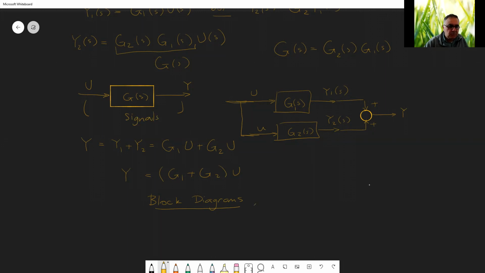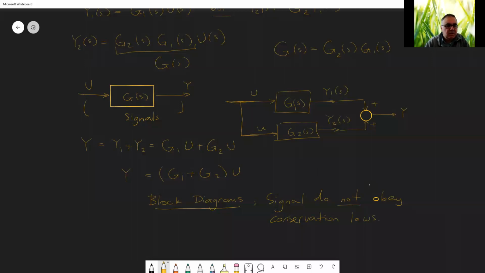And in the block diagram, signals do not obey conservation laws. What does this mean?